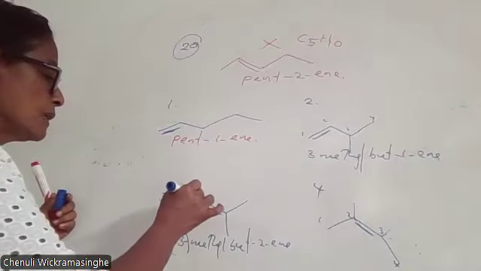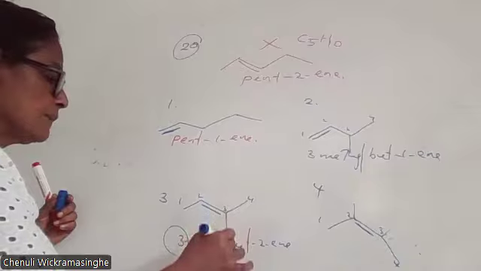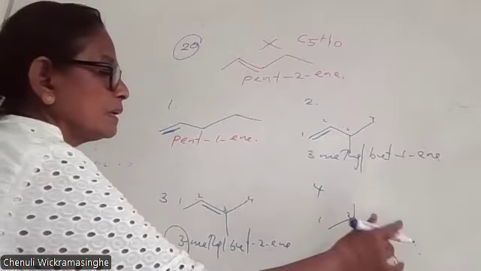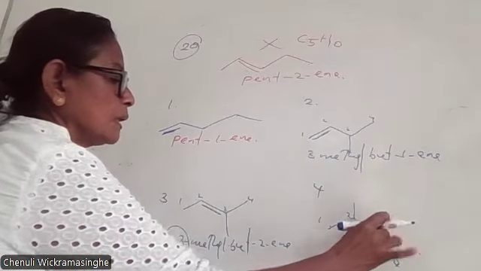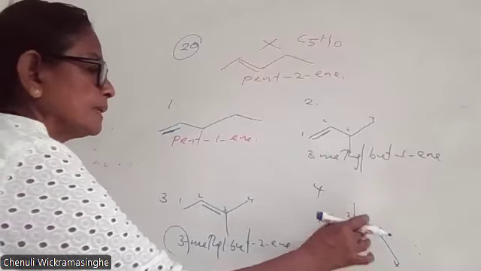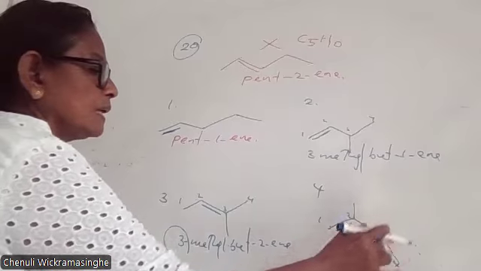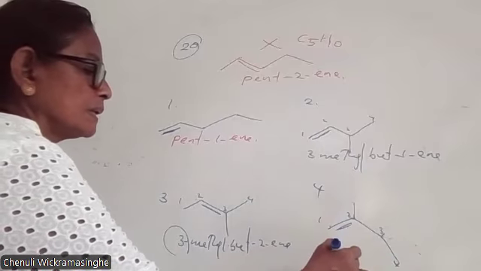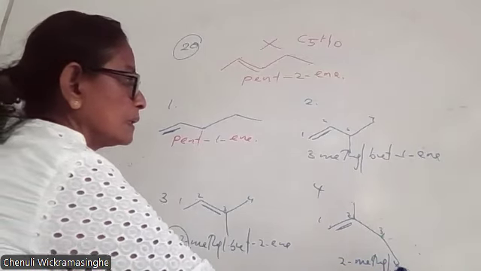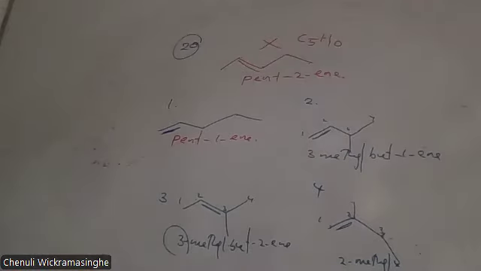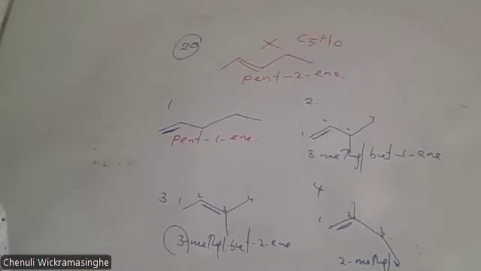Now, with 1, 2, 3, 4, 5, this is 2-methyl but-1-ene, with the methyl on the second carbon. We had not written 2-methyl but-1-ene earlier. These are the isomers we can easily get with the alkene structures.